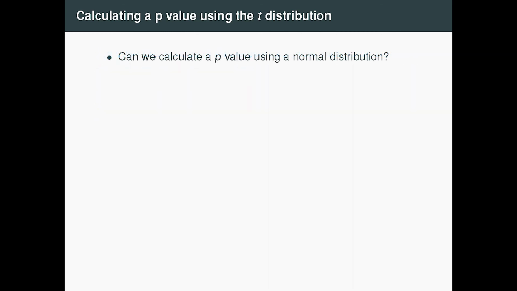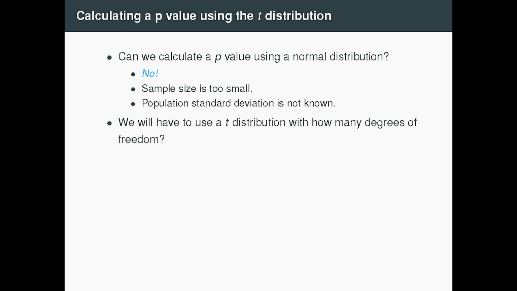So in this case, the first question you should always ask yourself: can we calculate a p-value using a normal distribution? No, in this case we can't because the sample size is too small. Also, we don't know what the population standard deviation is. And so we will have to use a t-distribution with 23 degrees of freedom, because the degrees of freedom for the t-distribution is just the sample size minus 1.